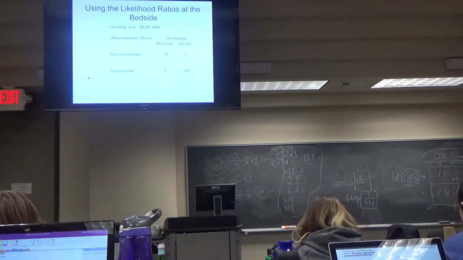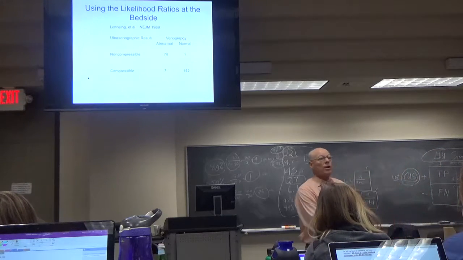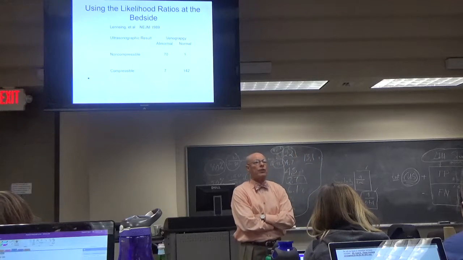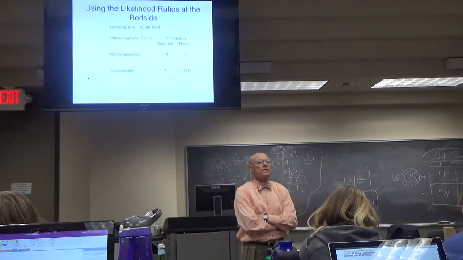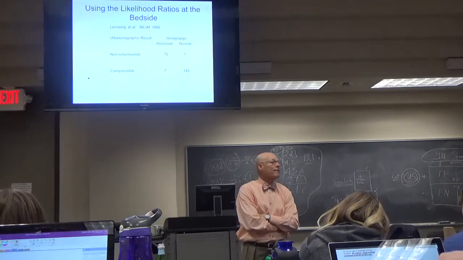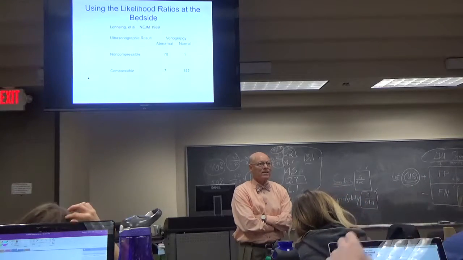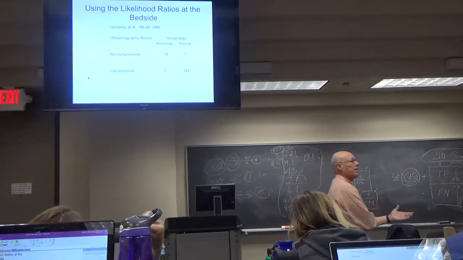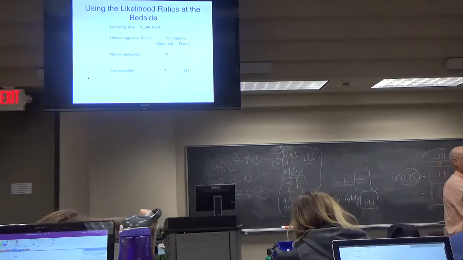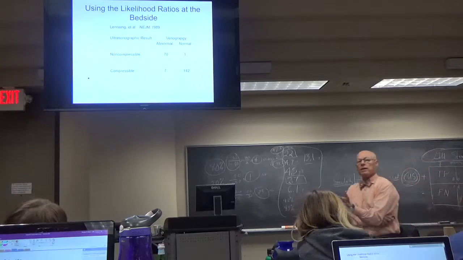So let's just play with that a minute. If your pretest likelihood is 50%, you're going to use 1 as your multiplier. And if you're trying to rule in disease, you're going to take the 1 times 90 and divide by 91. You've taken your pretest probability of 50% and turned it into what?